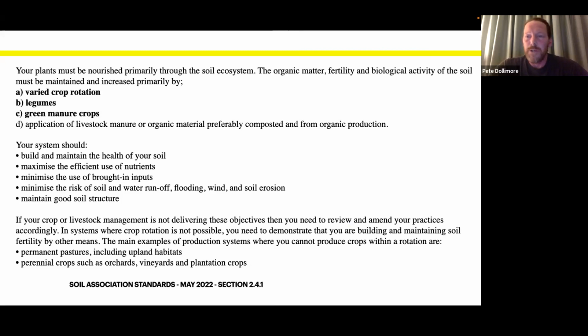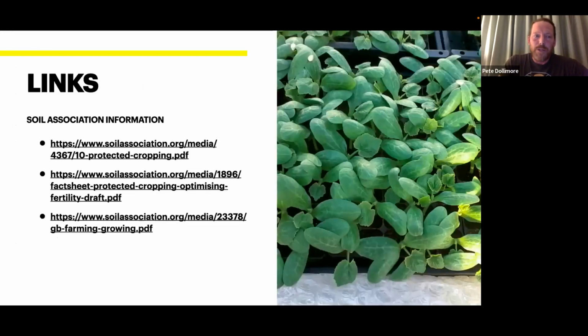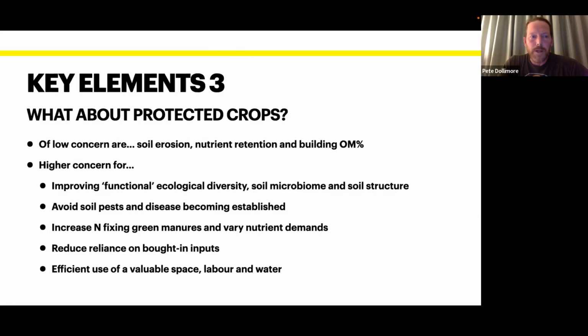And we should be looking to build and maintain soil health and maximize efficiencies. There are a few more links here from the Soil Association specifically on protected cropping, so hopefully that can be available for people if you want to check back.